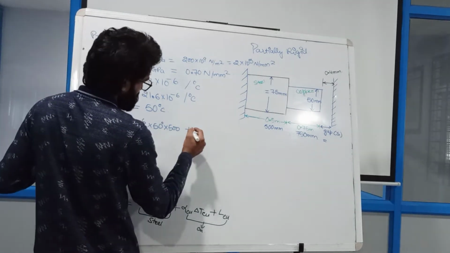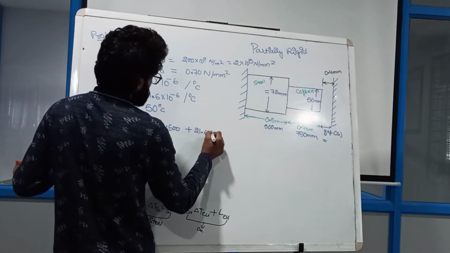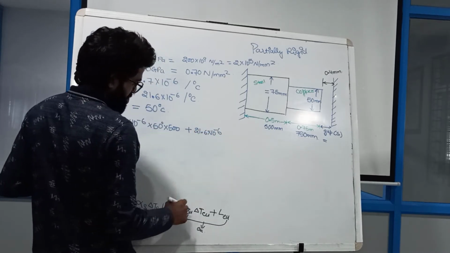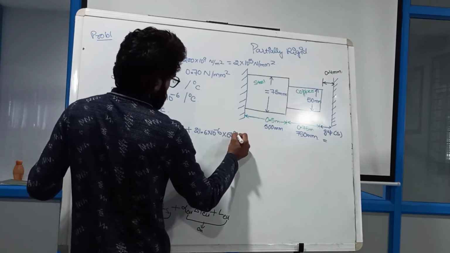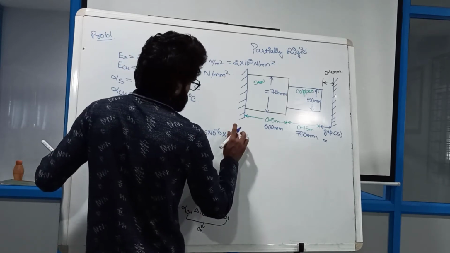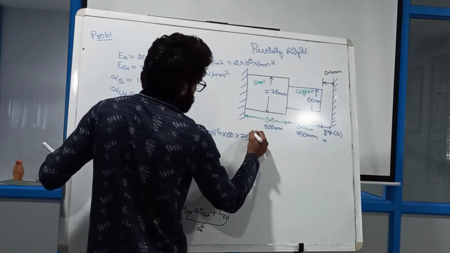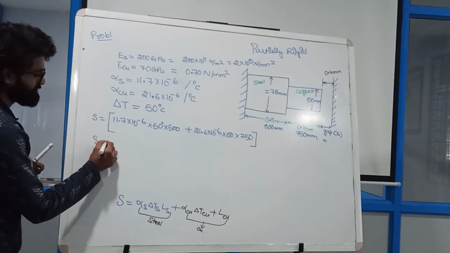alpha Cu value they have given me 21.6 into 10 raised to power minus 6, and after that they have given me the temperature again, that is 50 degree, and after that they have given me the length of copper. So length of copper is 750. From here I get this value.